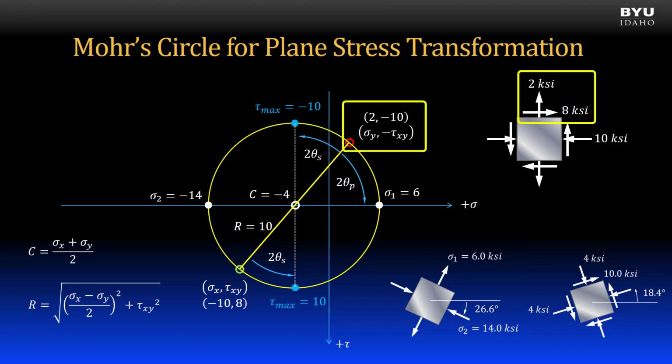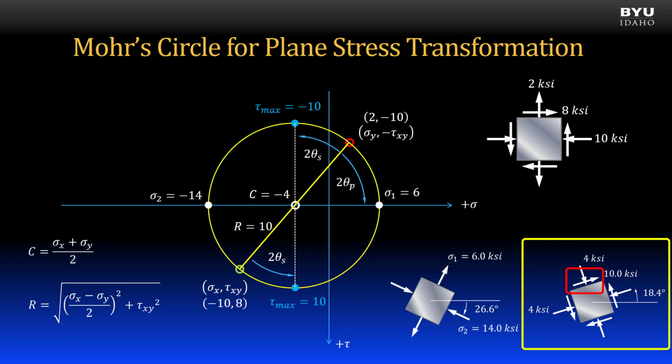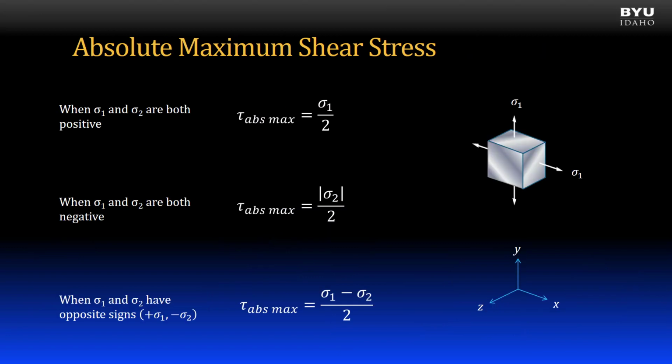Similarly, when the point representing the y face is rotated in the counterclockwise direction to the max in-plane shear stress position, it is on the negative side of the tau axis. Thus, the shear stress arrow on the rotated y face of the rotated element is shown in the clockwise direction.